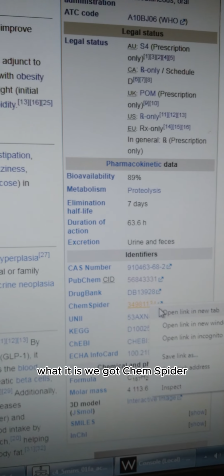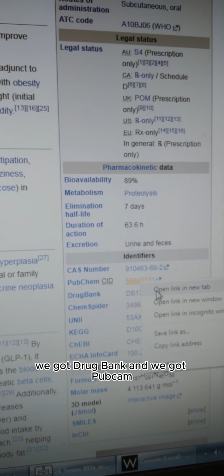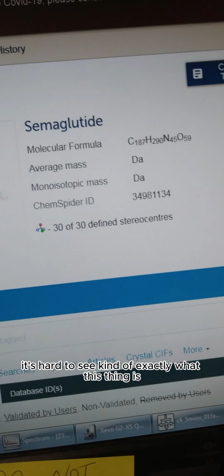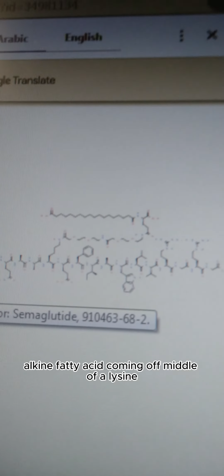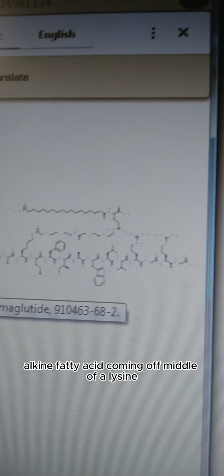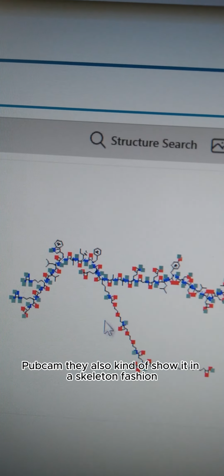What it is, we got ChemSpider, Drug Bank, and PubChem. You can see it's hard to see exactly what this thing is. It's a large peptide with this long alkene fatty acid coming off the middle of a lysine. On PubChem, they also show it in a skeleton fashion that's not that helpful.